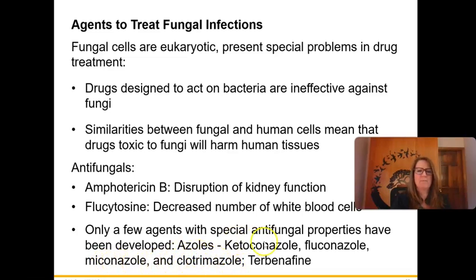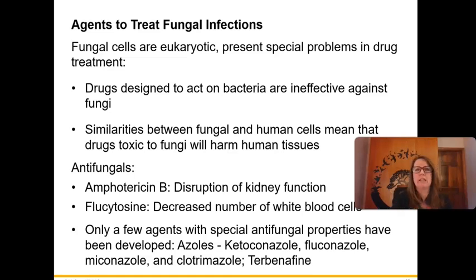These are things that you would find in treatment for ringworm, athlete's foot, or infections of the groin.